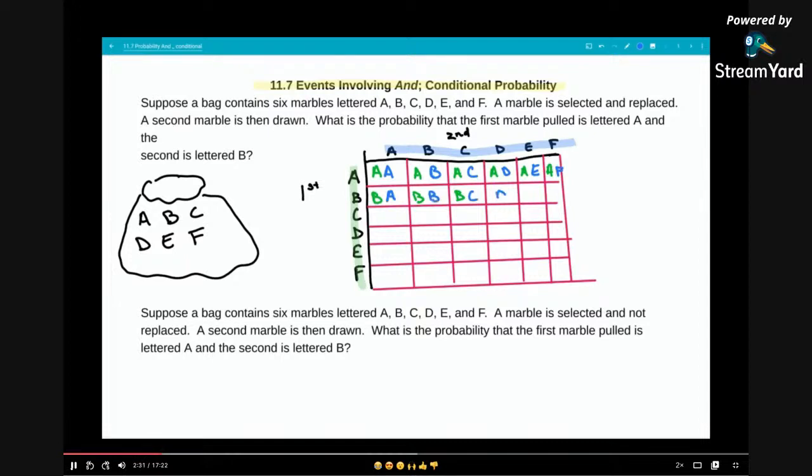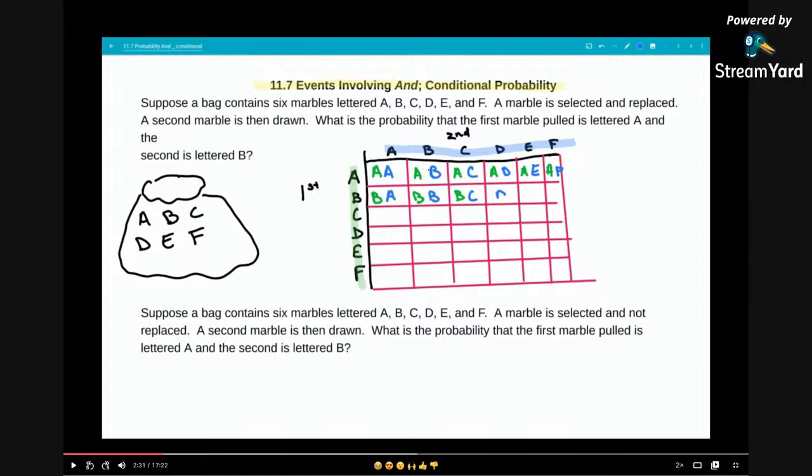So for instance, this top left corner, A in green, A in blue means first I pulled A, second I pulled A. Now in the position to the right of it, we have a green A and a blue B. That means I pulled A first and then B second. And that's actually what I'm looking for. I believe that's the only place in this entire table where you're going to pull A first and B second.